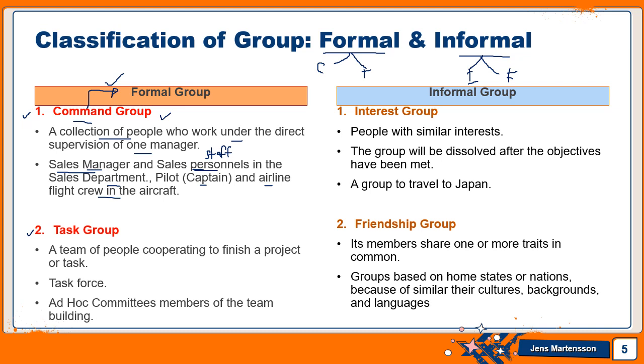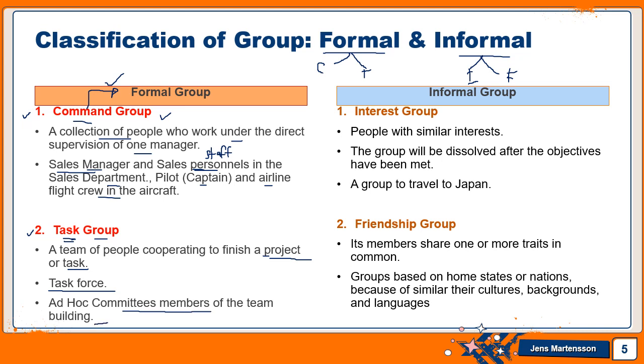Okay. The next type of formal group is called task group. By the word task, it is a team of people cooperating to finish a project or task. Another name for task group is a task force. For example, an ad hoc committee, members of the team building.